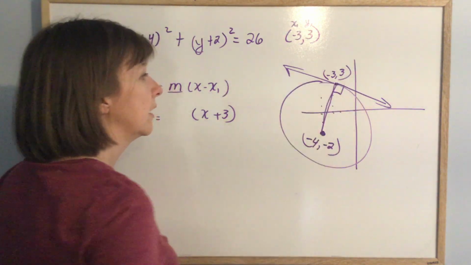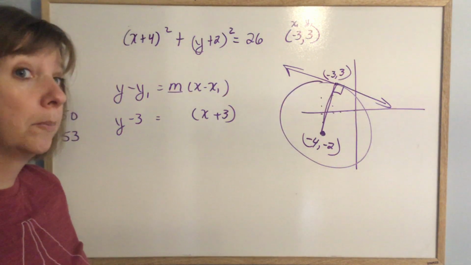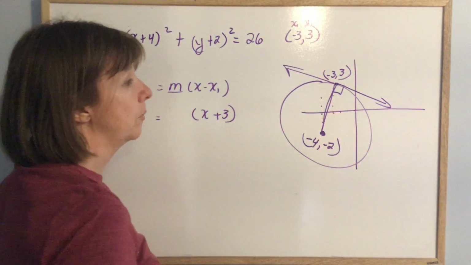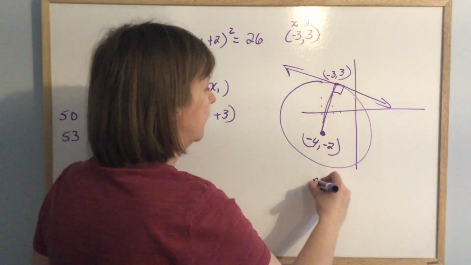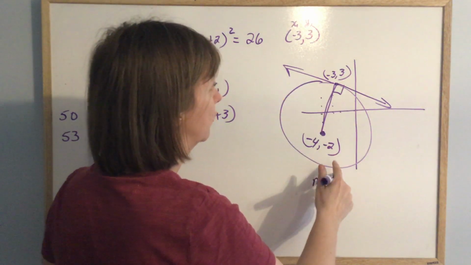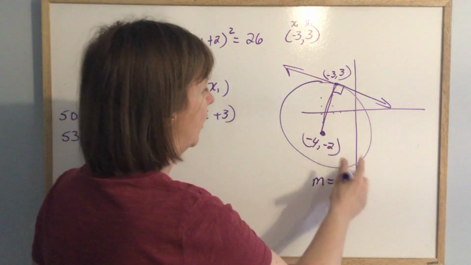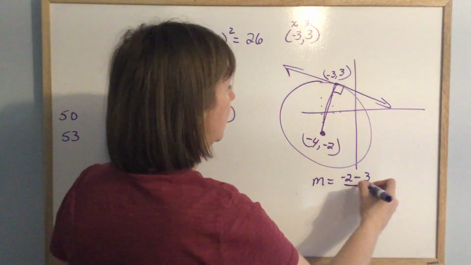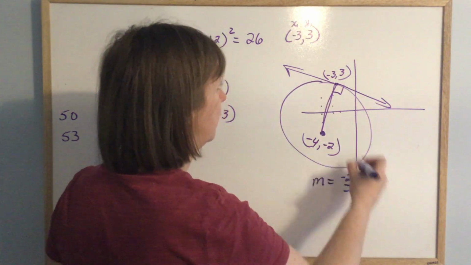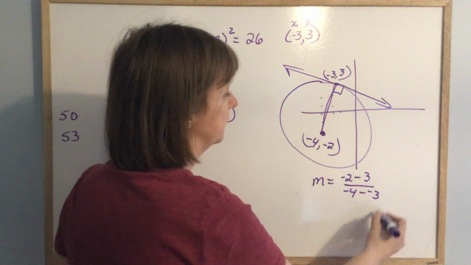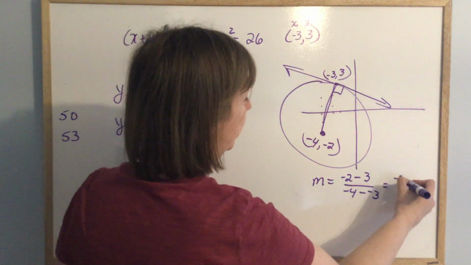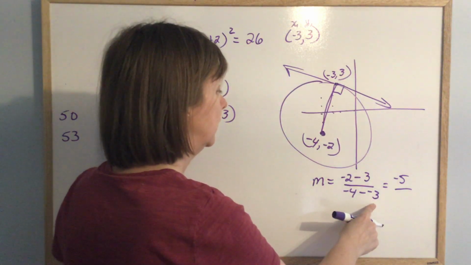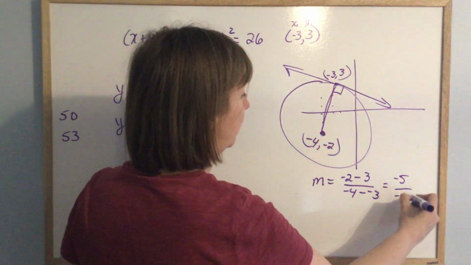And these two lines, the tangent line and the radius, are perpendicular. So if I can figure out the slope of my radius, then I know the slope of my tangent line. The slope of my radius is y2 minus y1 over x2 minus x1. So I get negative 5 over negative 4 plus 3, which would be negative 1.